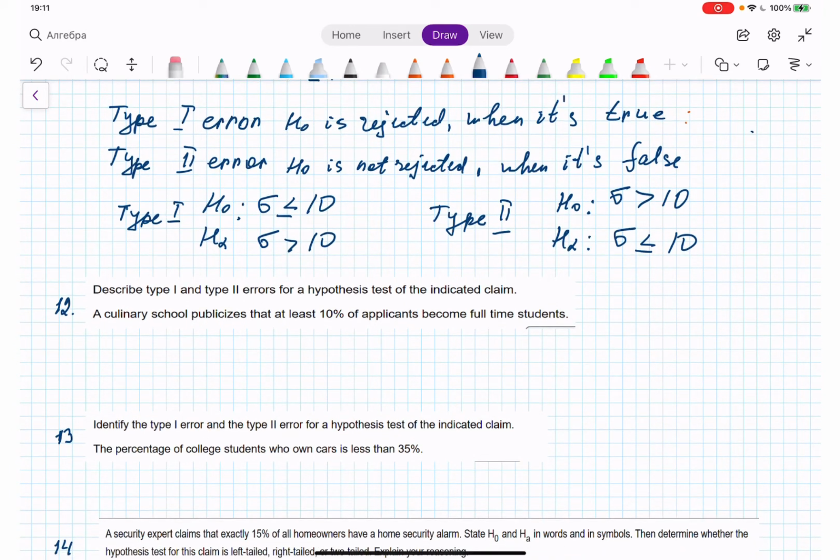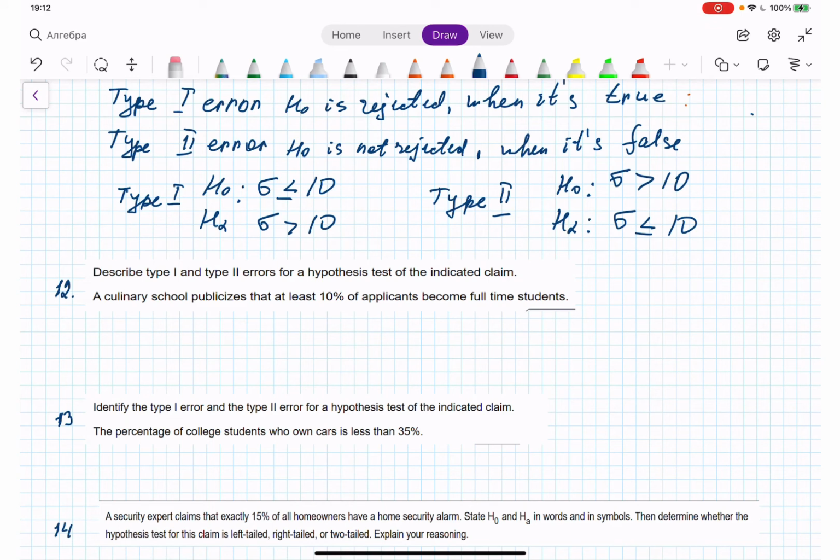Describe type 1 and type 2 errors for the hypothesis test in the indicated claim. A culinary school publicized that at least 10% of applicants become full-time students. Okay, so a type 1 error will occur when the actual proportion of applicants is at least 10%, but we reject the null hypothesis.